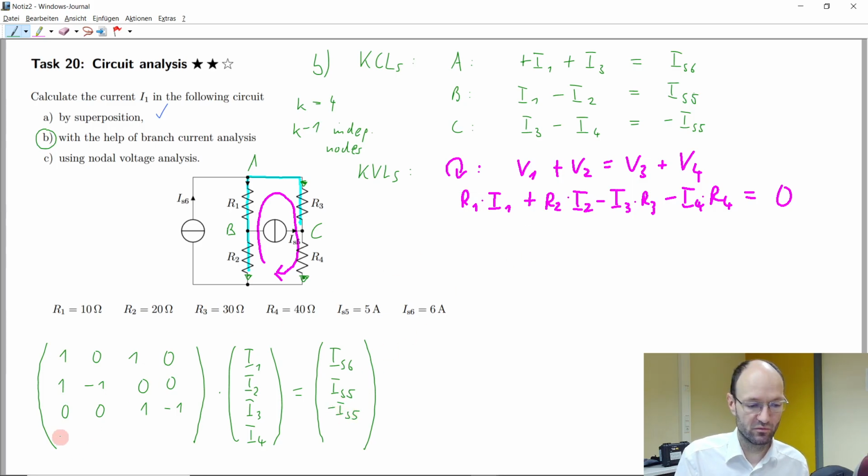And in the last one, we have R1, R2, minus R3, minus R4, and 0. And so, of course, now this matrix somehow contains all the equations, all the values, the whole structure of this circuit.